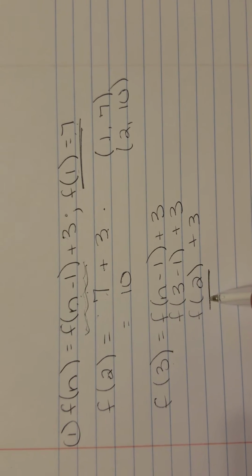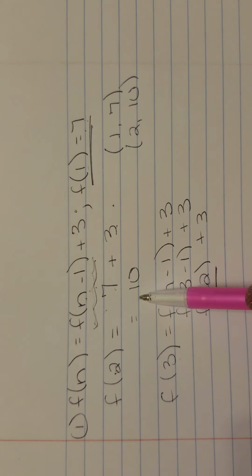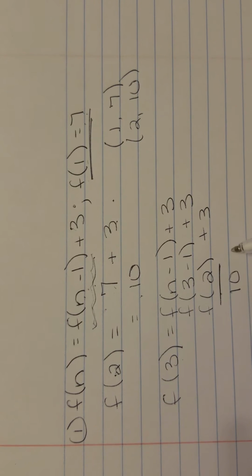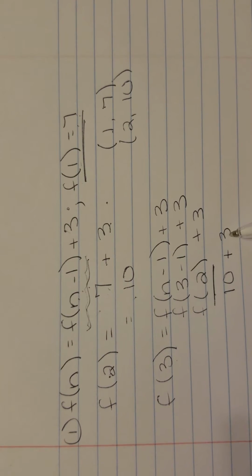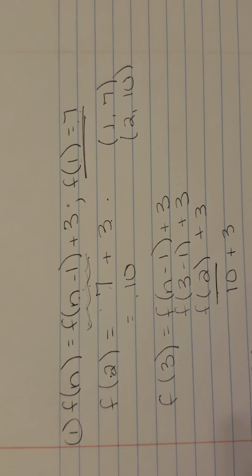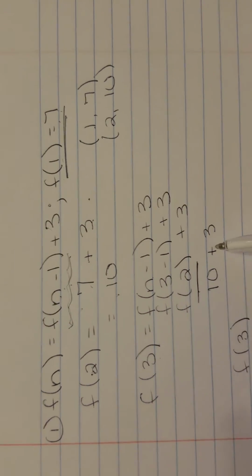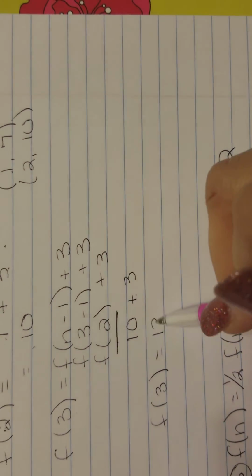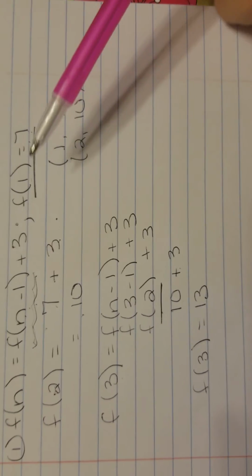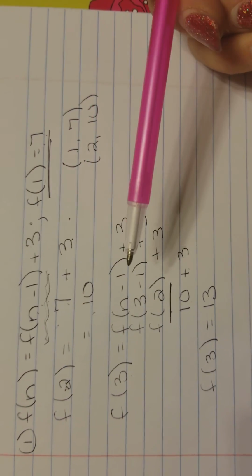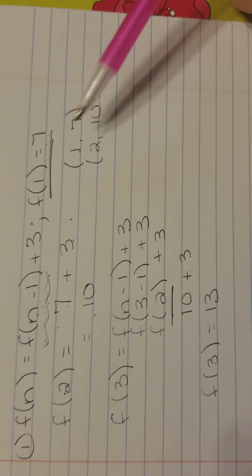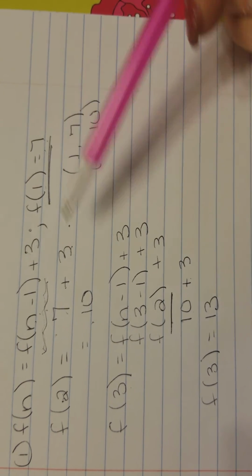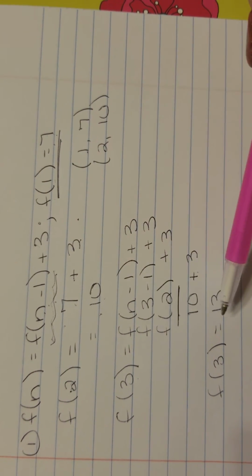Well, my f of 2 right here I said was 10. So I've got 10 plus 3. So f of 3 is 10 plus 3, which is 13. So I'm just adding 3 every time in this sequence. I've got 7 plus 3 is 10, plus 3 is 13.